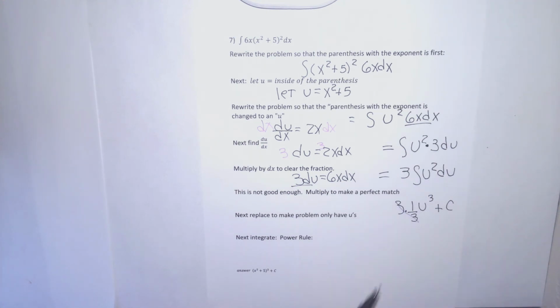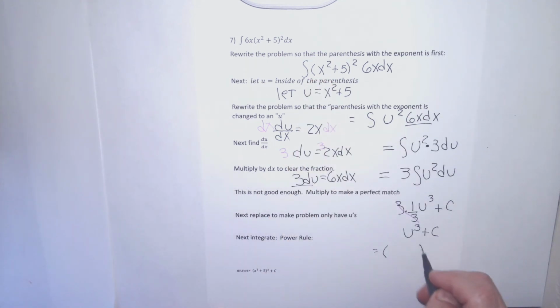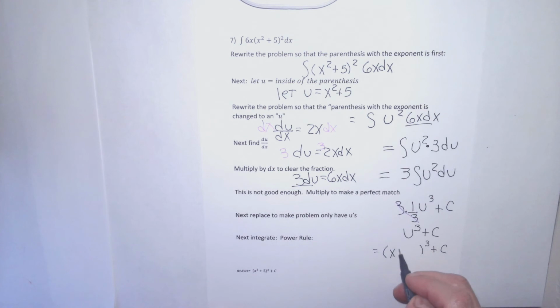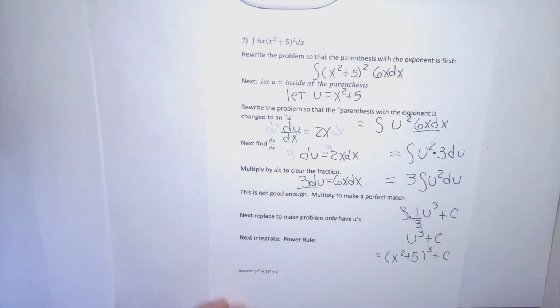The 3 and the 1/3 cancel, and I get 1u cubed plus c. Don't need to write the 1, but I do need to change the u back to x squared plus 5, and that's going to give me my answer, and that's going to make me put a parentheses back in because I want the entire x squared plus 5 to be raised to the 3rd power. And that's it.